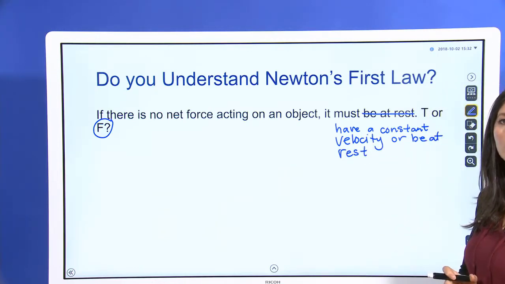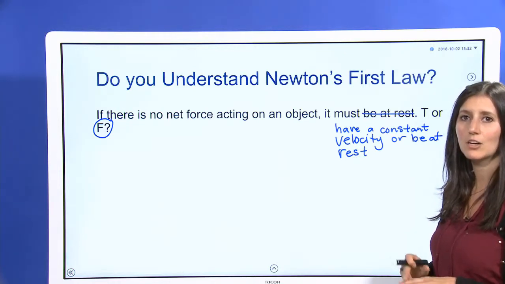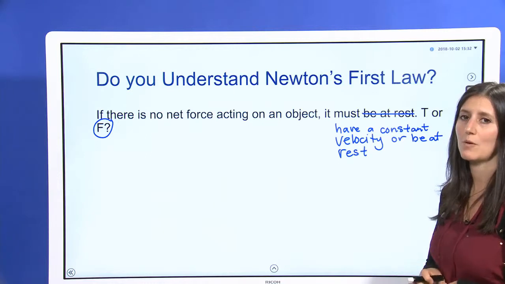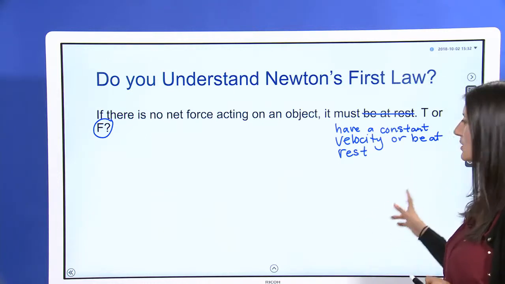So if an object has no net force acting on it, then that means it either has a constant velocity or it's at rest. It doesn't mean it has to be at rest. So that's why this statement was false.